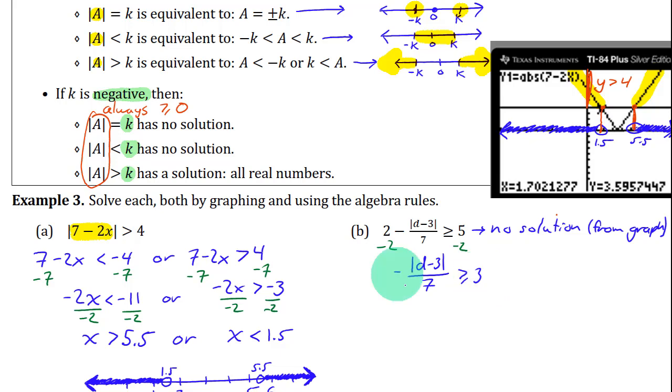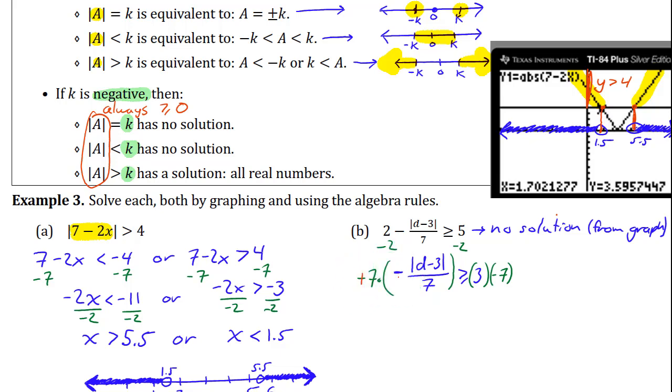I don't want to have the 7 here, and I don't want this to be negative either. So I'm going to cancel all that out by multiplying by negative 7 on both sides. A negative times a negative cancels out to give you a positive, right?